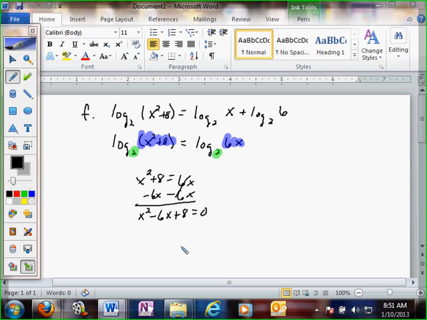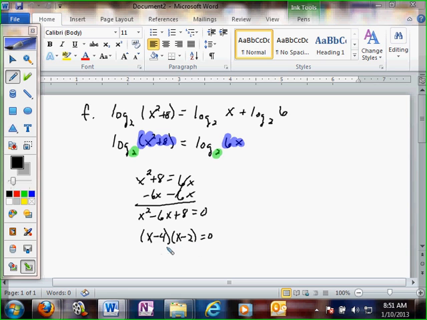And using Mustang factoring, I need to find two numbers that add to negative 6 and multiply to positive 8. x minus 4, x minus 2. If you do not know what I just did there, I did Mustang factoring where a is 1, b is negative 6, and c is 8. Look at my factors of a times c. We've done that all year long.